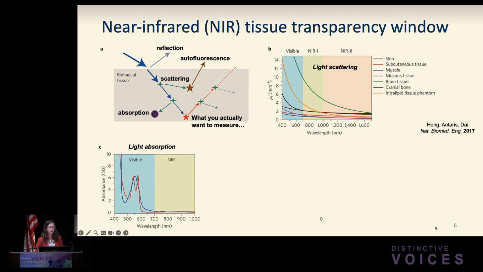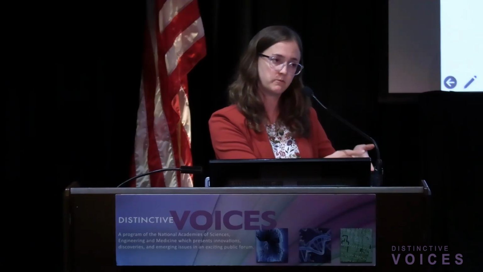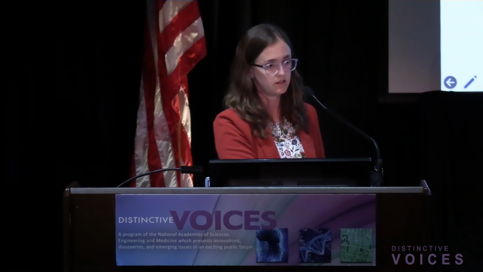Another thing that's of favor here is that our bodies absorb much less in the near infrared. So for example, hemoglobin, both oxygenated and deoxygenated, has absorption peaks in the visible spectrum, but not in the near infrared. So these two things, less light scattering and less light absorption, mean that we can penetrate with light, non-hazardous near-infrared light, much deeper into biological tissues.